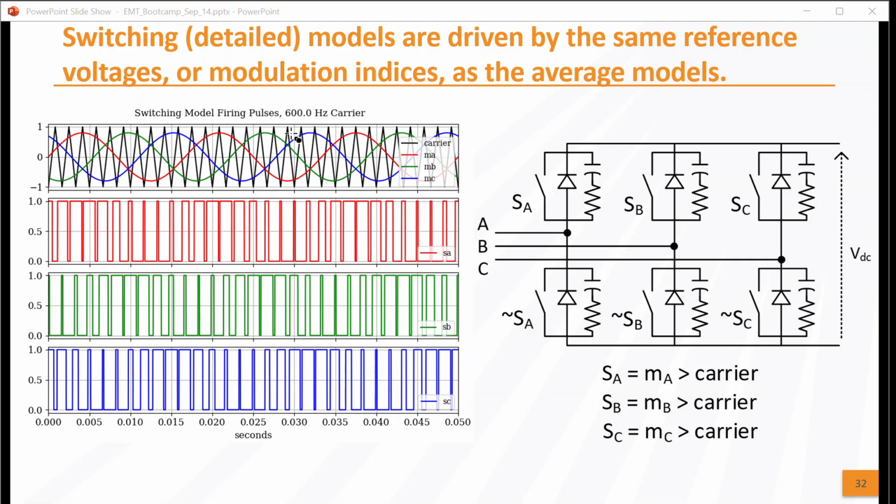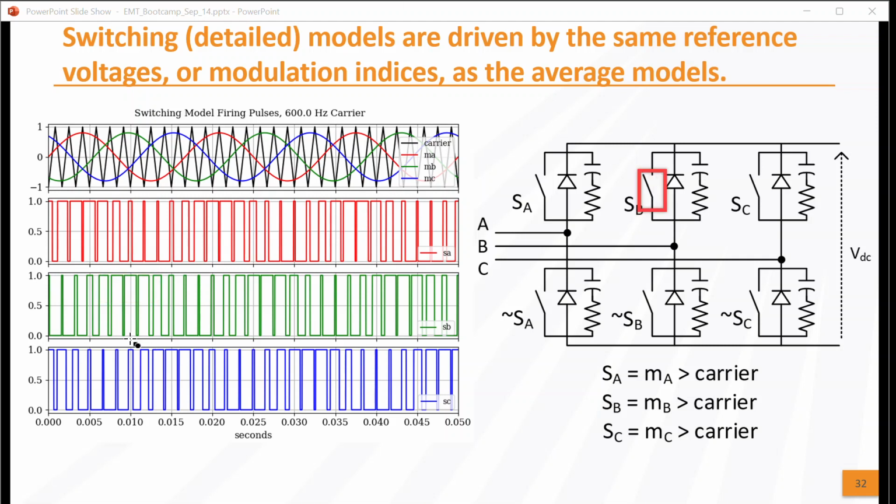This carrier frequency in black, the triangular waveform, is, I believe, 360 hertz, just so we can visualize it. If you look, let's take the green one, since my highlighting is in red. Right there, whenever the green waveform, that's the modulating index for phase B, is above the carrier, instantaneously that reaches a positive 1 to turn on this switch over here.